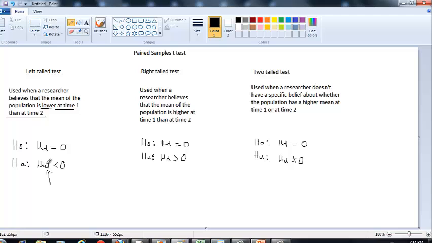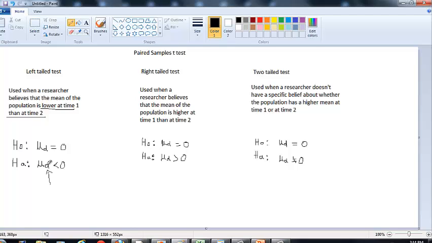What mu-d stands for is the mean. Each member of the population has a difference score that can be calculated by subtracting the score at time 1 by the score at time 2. So the entire population has a difference score that shows the amount of change from time 1 to time 2.